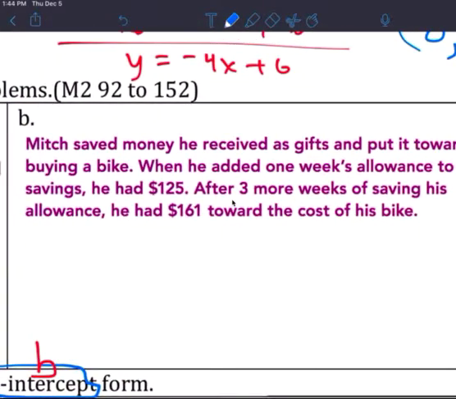14B, Mitch saved money he received as gifts and put it towards buying the bike. When he added 1 week allowance to his savings, he had this many dollars. So remember x sub 1, y sub 1, x sub 2, y sub 2.